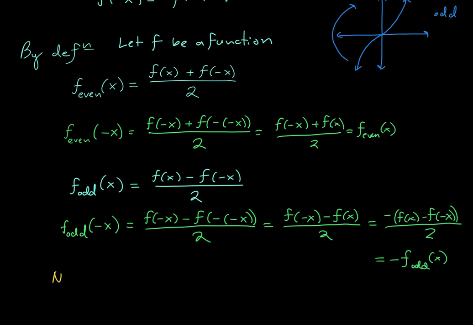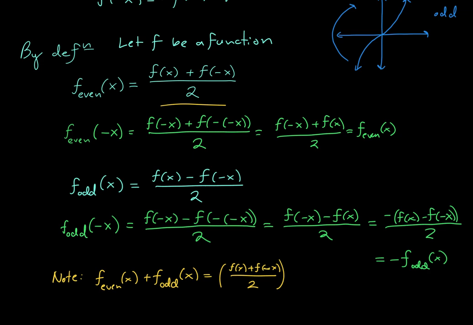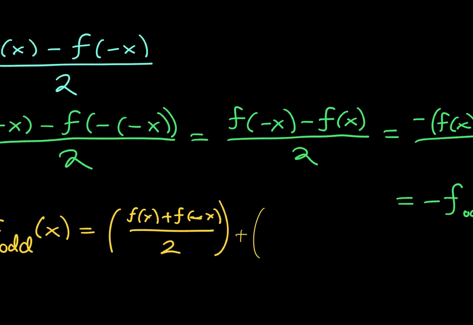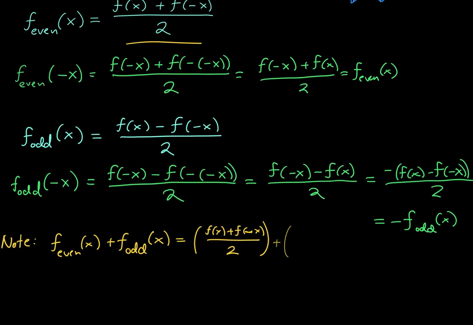So last observation, notice, if I have f even of x plus f odd of x, hopefully it equals just f of x. So let's find out. F even is just going to be f of x plus f of negative x, all divided by 2, plus f odd, which is f of x minus f of negative x, all divided by 2.